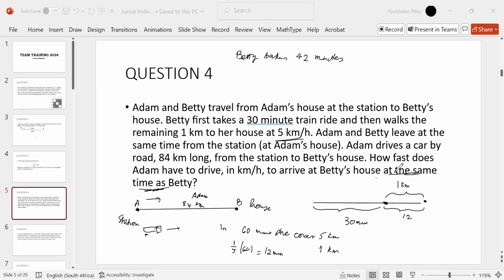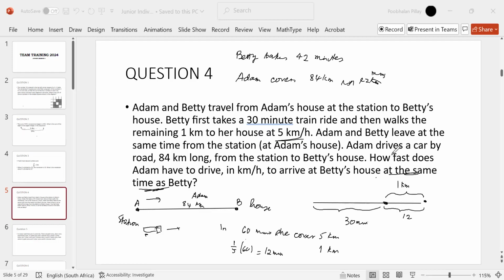See, the last bit tells you that he arrives there at the same time as Betty. And we know Betty took 42 minutes. So therefore, Adam covers 84 kilometers, that's the distance he travels, but in 42 minutes, because both of them reached the house at the same time. Okay, in 42 minutes.